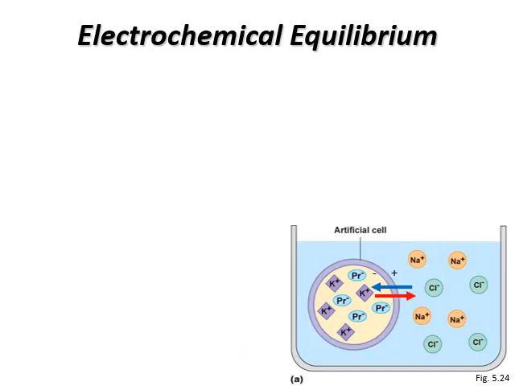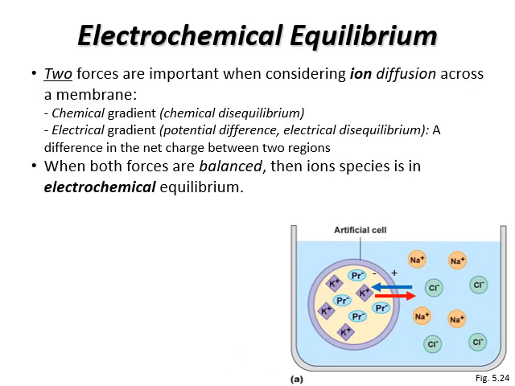So why do we care to know about an electrochemical gradient? We do because these are the two forces at play that are going to dictate the movement of ions in or out of the cell, for diffusion. We have a chemical gradient. Remember, in concentration, the ion wants to move from high to low concentration. There is a force there driving the ion in that direction. But we need to add in the electrical gradient. Remember, positive repels positive.